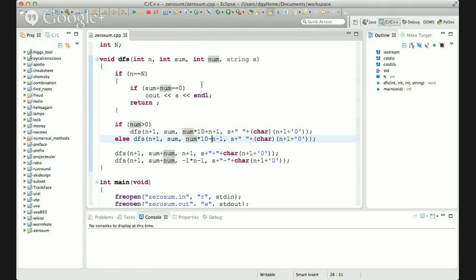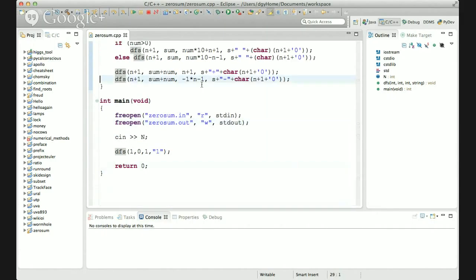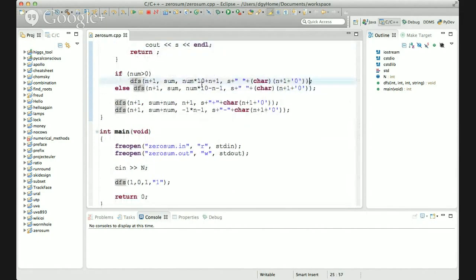So forward number, sum, post number, and of course then the s is just you put a space and you put n plus 1 there, and then the DFS part. You're probably wondering why we put n plus 1, because it should follow the next step here.